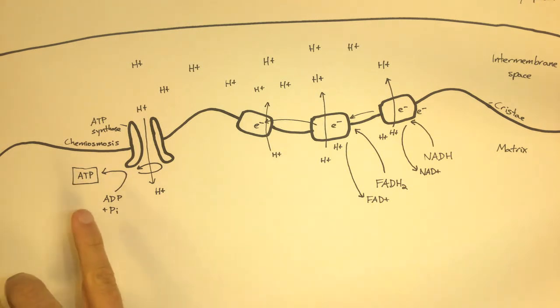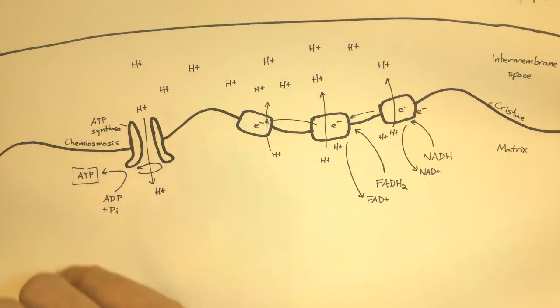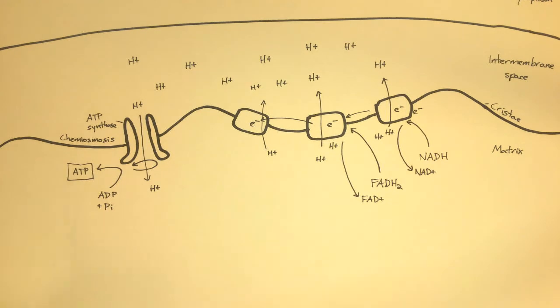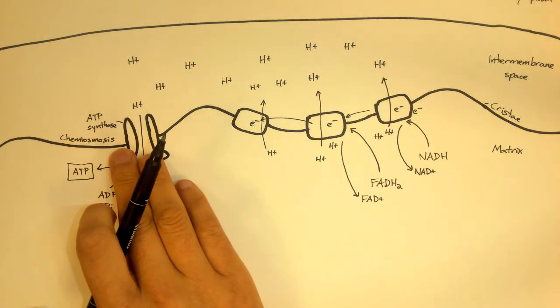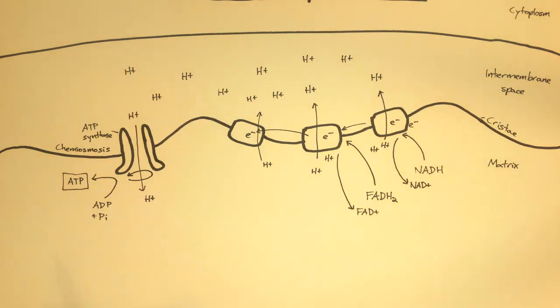That's a lot of ATP, a lot being produced here compared to Krebs cycle and glycolysis. Most of the energy that came from those processes has been transferred to the electron transport chain. This process here, the flow through, is chemiosmosis, and this overall process is oxidative phosphorylation.